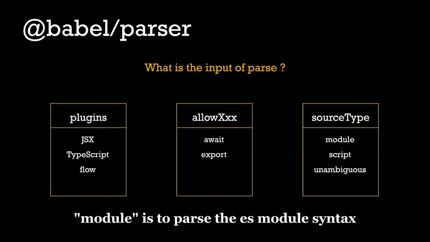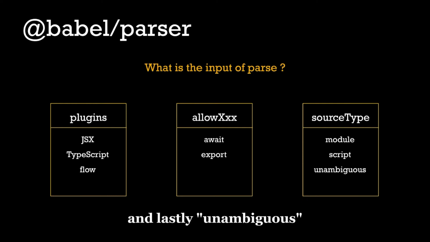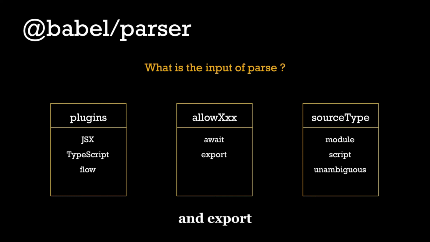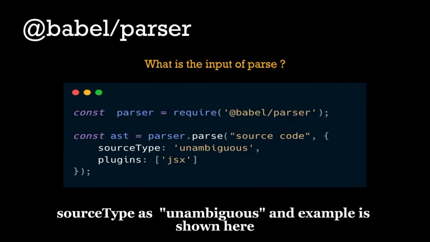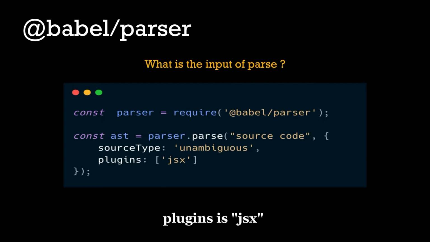Module is to parse ES module syntax. Script does not parse ES module syntax. And lastly, unambiguous automatically sets to module or script according to whether the content has import and export. So generally, we will specify source type as unambiguous. An example is shown here. So when you parse the source code, the source type is unambiguous and the plugin is JSX.